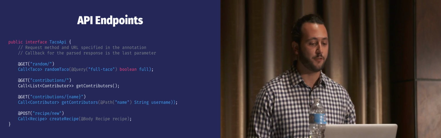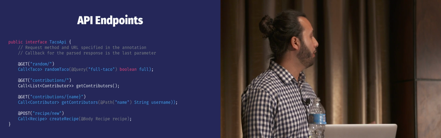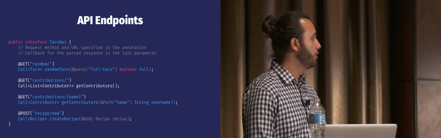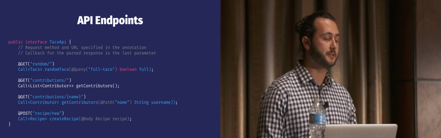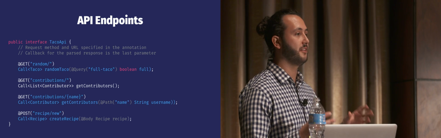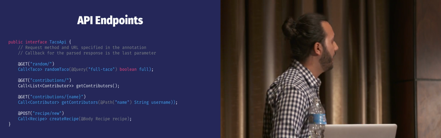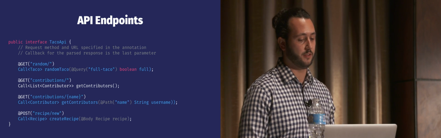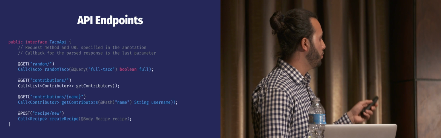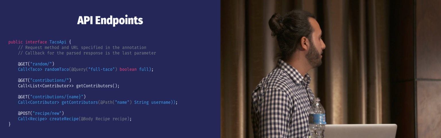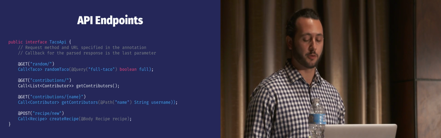And last but not least, if you need to post a JSON payload, when you annotate a method with Post, you can also have a Body annotation on an argument. That's going to serialize that Java object into a JSON object that will be sent up to the server. We only have two HTTP annotations, get and post, but Retrofit works with all the usual HTTP verbs.